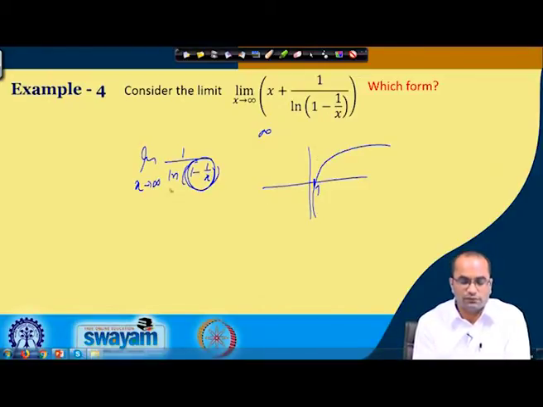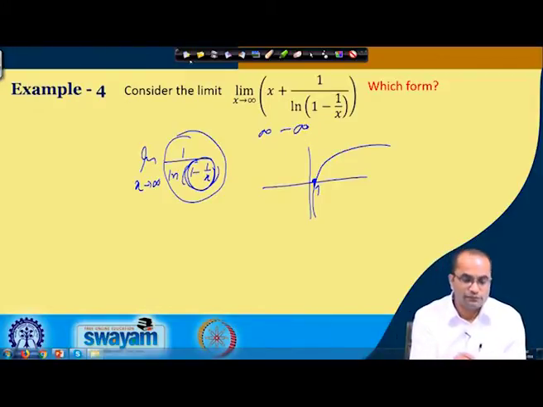So, here in the denominator ln 1 minus 1 over x takes all negative values. So, when x goes to infinity, this is going to 1, but all these values were negative. So, 1 over 0, this is actually tending to minus infinity. So, what we have there, this form is minus infinity form.